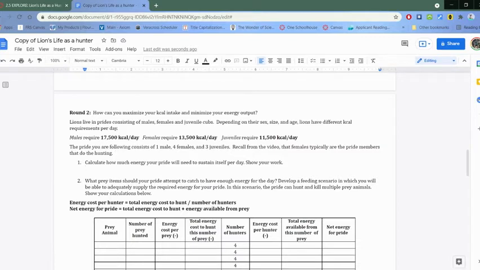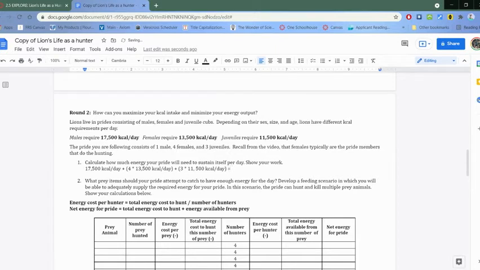So if we think about this, we have 1 male, so 17,500 kilocalories per day, plus 4 females, so 4 times 13,500 kilocalories per day, plus 3 juveniles, so 3 times 11,500 kilocalories per day.